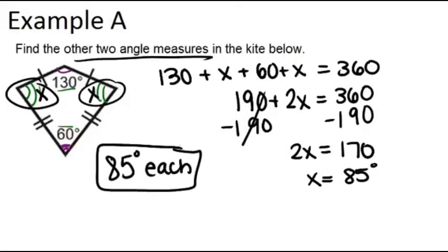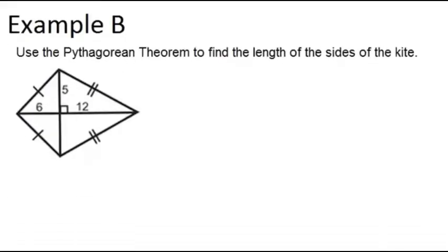Okay, let's look at example B. Use the Pythagorean theorem to find the length of the sides of the kite. One thing about a kite that you should know is that its diagonals are perpendicular. It's been marked like that because there's a right angle, but you should know that this would be true about any kite, that there would be a right angle there.